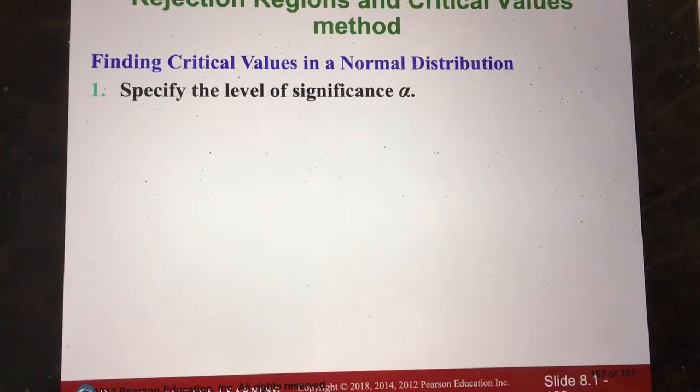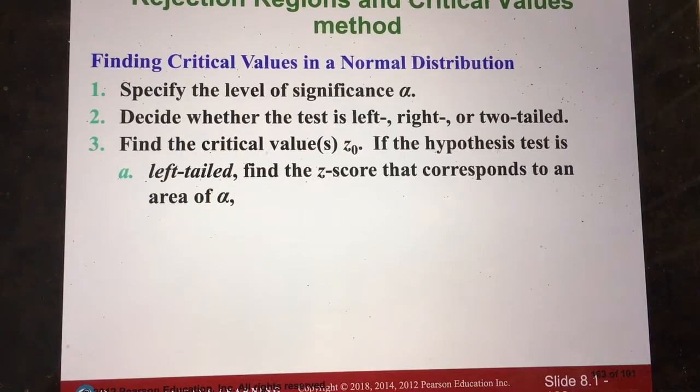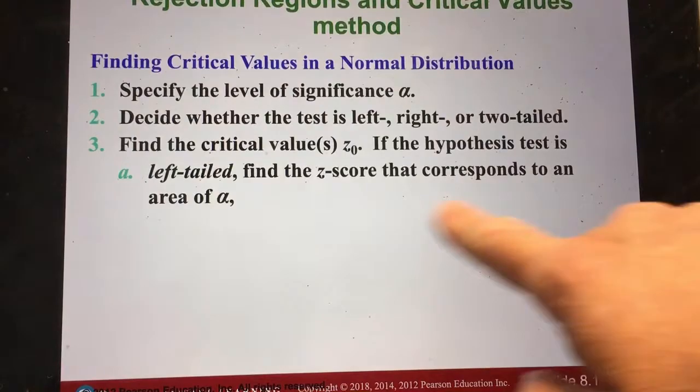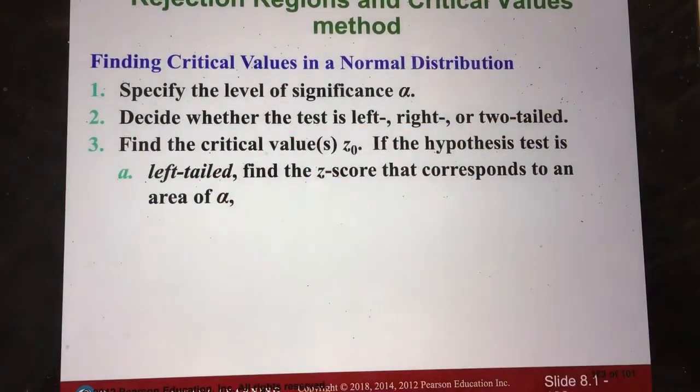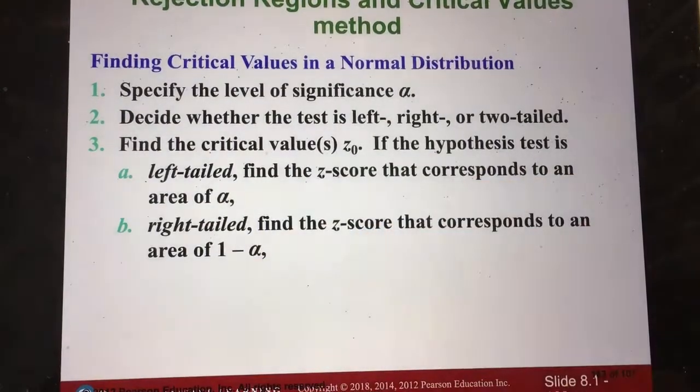So we're going to find critical values in a normal distribution. We specify the alpha. We decide whether we're talking about a left-tailed, right-tailed, or two-tailed test. If it's left-tailed, we're going to find the z-score that corresponds to the area of alpha. Okay, right-tailed, 1 minus alpha.